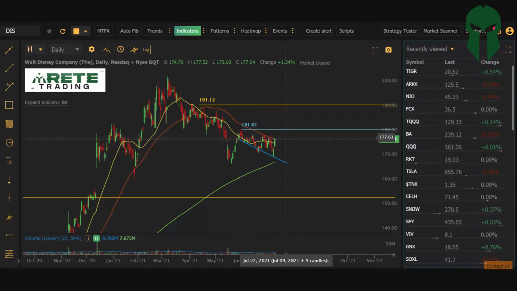Until you get above that, I wouldn't get involved. I'd want to get above this 181 before I really got involved, because that's the top of this range.